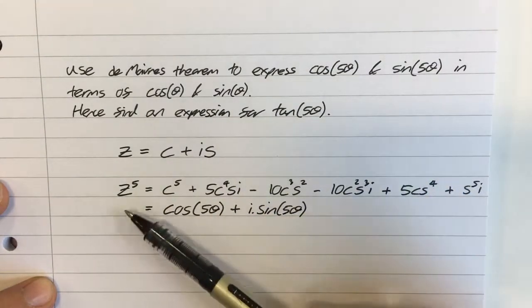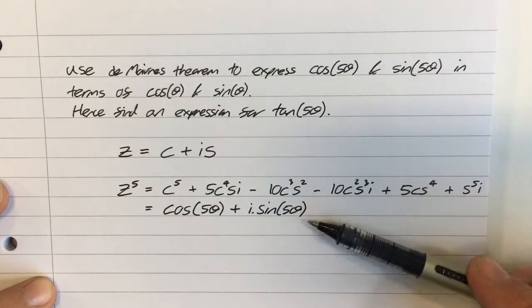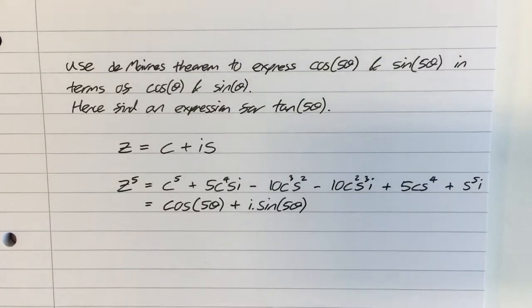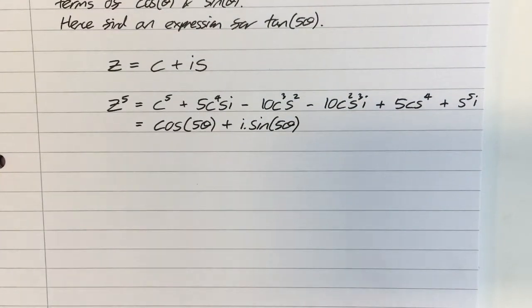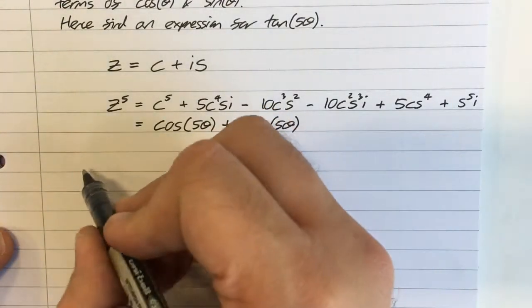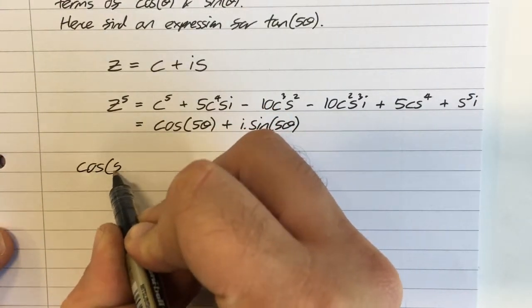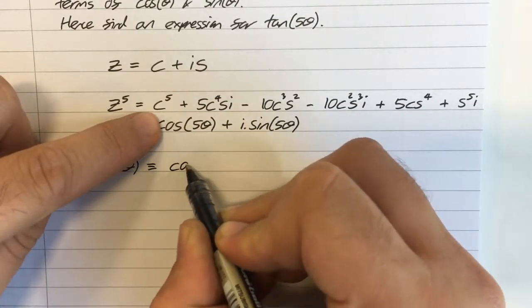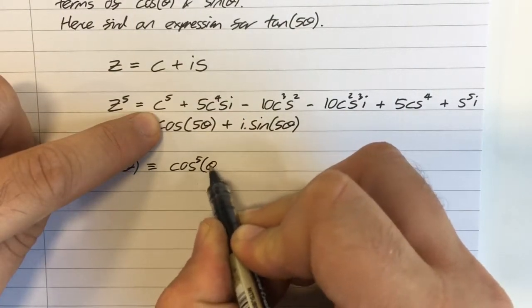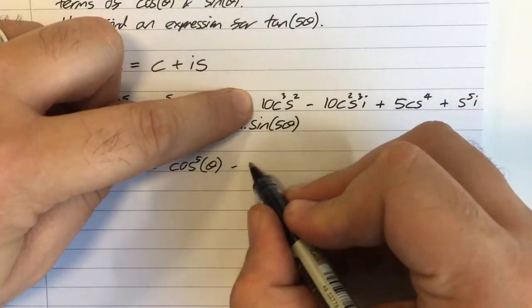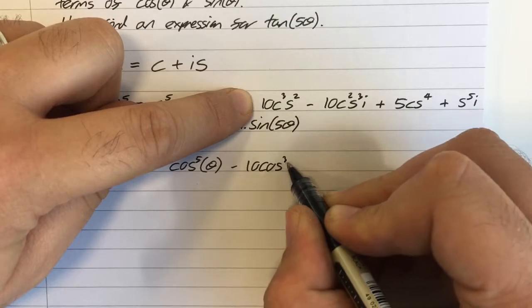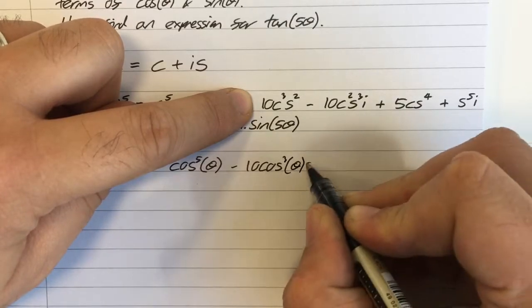So because z to the 5 is equal to that and equal to that, these two must be completely identical, and we can equate the real and the imaginary parts. Looking at the non-coefficients of i, the real part, we get cos of 5 theta is identical to cos to the 5 theta minus 10 cos cubed theta sine squared theta.